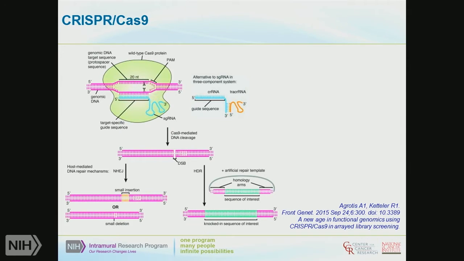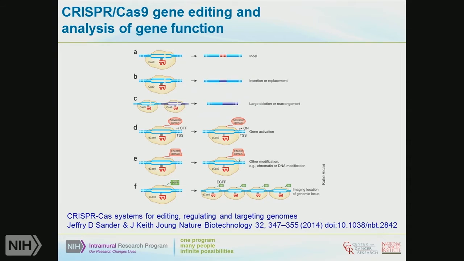But in the same way as I described for the TALENs a few moments ago, you can also get homologous recombination if you introduce a donor DNA that will allow you to insert a sequence or make other rearrangements, as I'll describe in a minute, because some of these are now getting quite sophisticated.